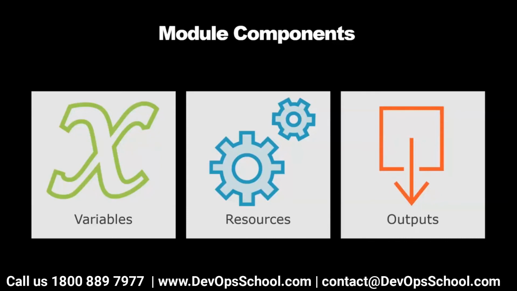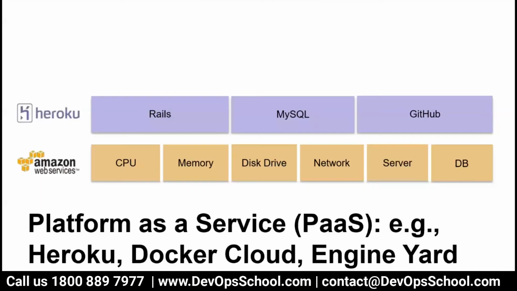We'll use a module written by someone else, and we'll write our own modules also. In modules, you have variables, which you know very well. You have resources, which you know very well by now. And you have outputs, the output value being the one you did yesterday. So these are the three things you have in modules.